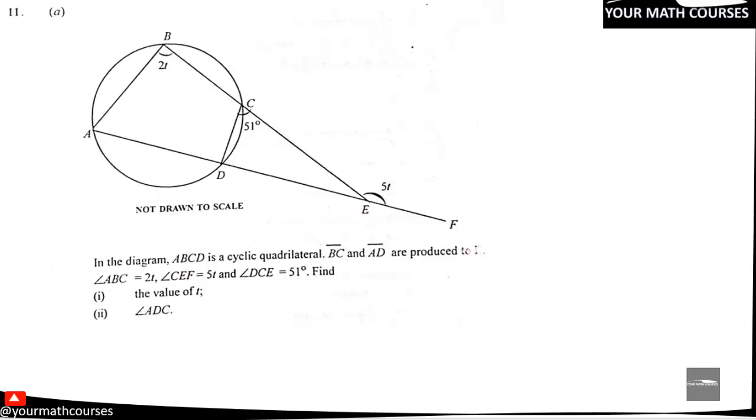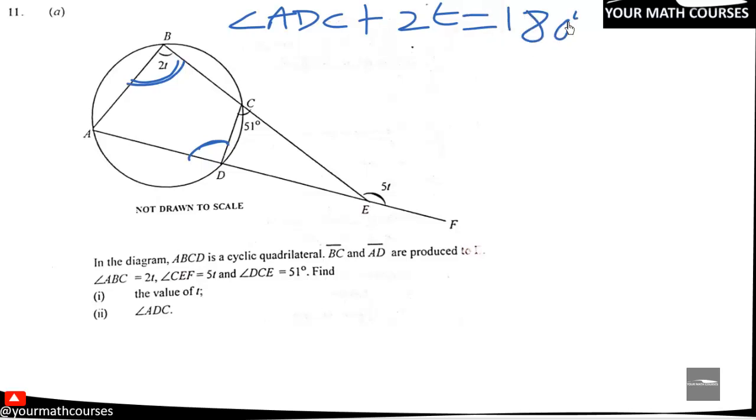Since this is a cyclic quadrilateral, we can recall that the opposite angles will add up to 180. So angle ADC plus 2T, these opposite angles, will add up to 180 degrees.